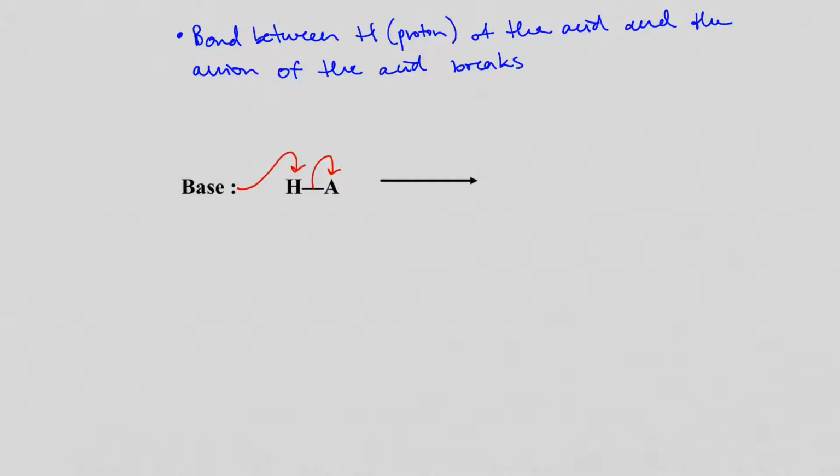So our products, in terms of organic acid-base reactions, is you're going to have your base with another hydrogen. I'll draw that lone pair in another spot. It looks a little weird. Plus the anion of that acid.